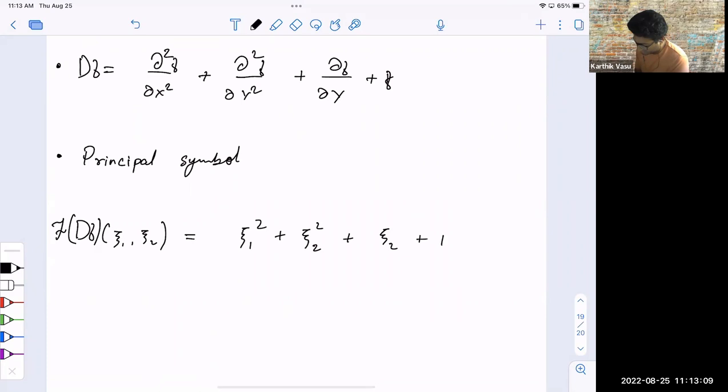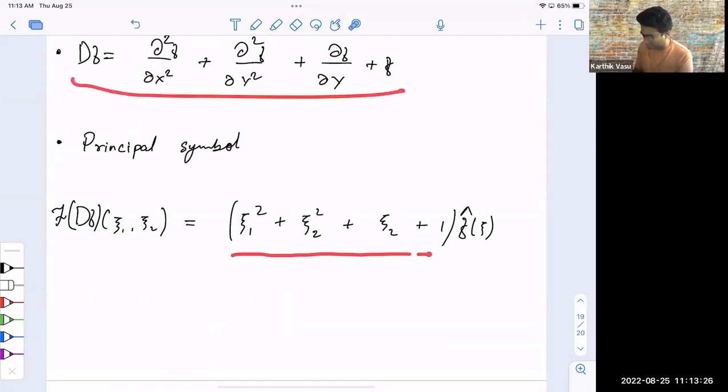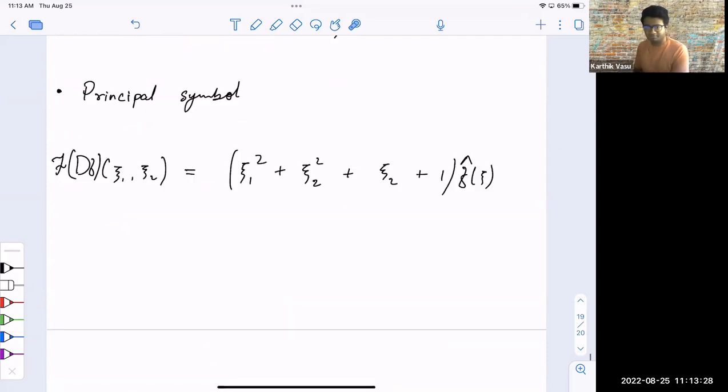Then if it's just a constant, it stays a constant, times f hat, where f hat is the Fourier transform of f. So this is what the Fourier transform does to derivatives. It takes derivatives and converts them into just multipliers.